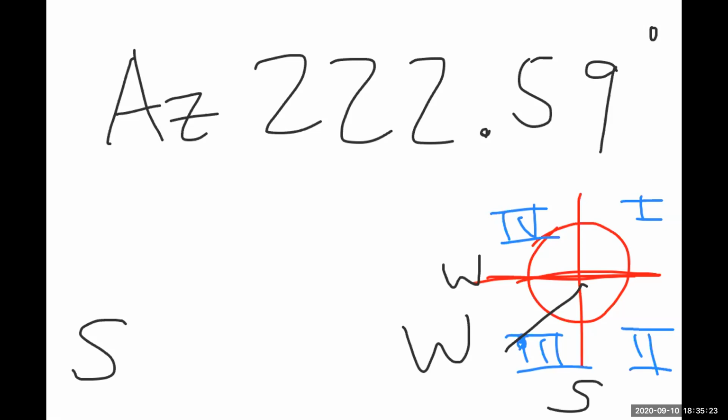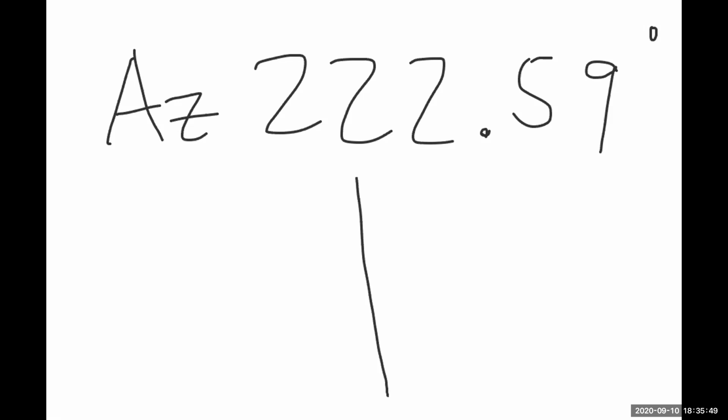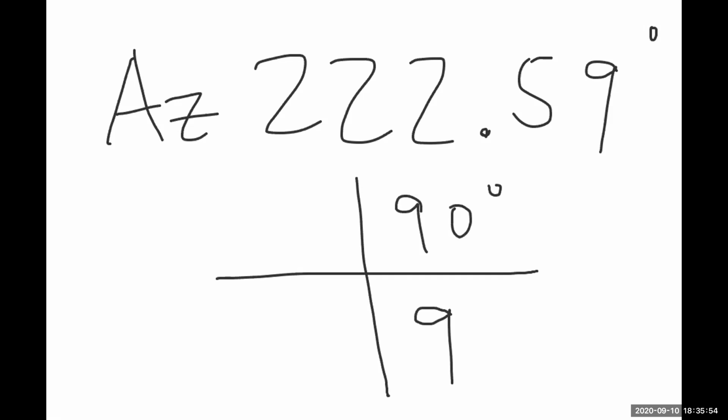But now I need to convert it so that it looks like a bearing. So I'm going to erase these. And again, this is being recorded, so all of this is available in your notes as a recording. So if I have 90 degrees here, and 90 degrees here, what is this remaining angle here?